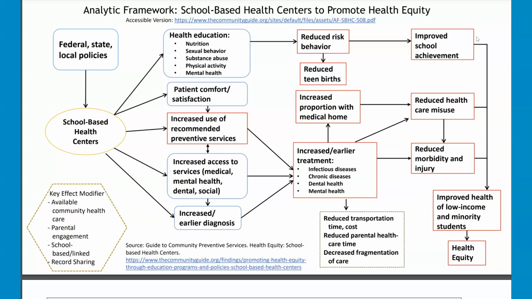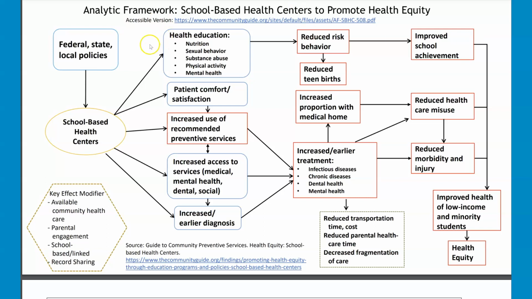I'm not going to go through every single box, but this gives a good depiction of not only an analytic framework, but it actually gives you a good basis for any sort of concept map. If you're familiar with logic models, these are also sort of concept maps that provide arrows and directions of relationships.